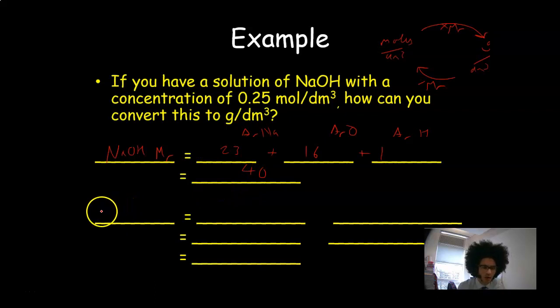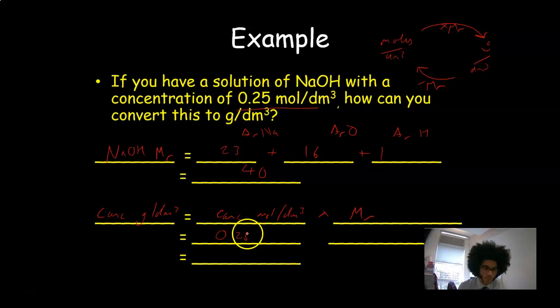If I'm trying to work out the concentration in grams per decimeter cubed, I would multiply the concentration in moles per decimeter cubed by the MR. So it would be 0.25 multiplied by the MR, which is 40, and that would give me 10.